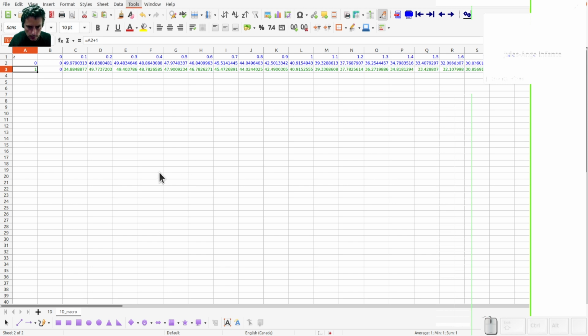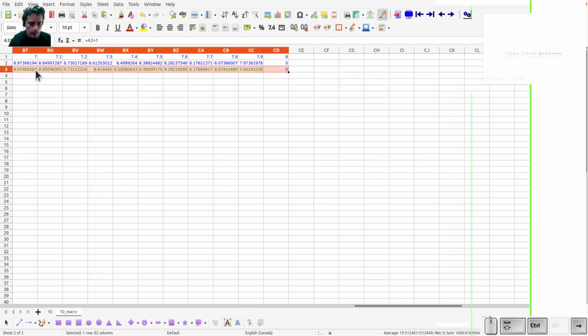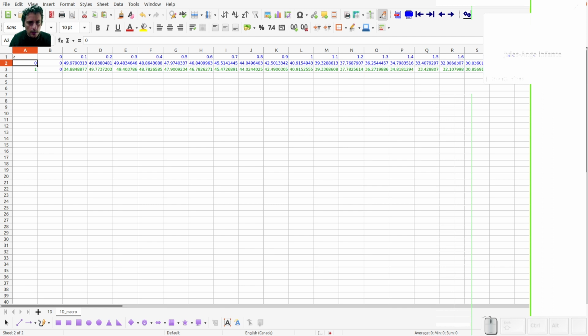Tools, macros. Okay, I need to have iteration source and iteration target. So my iteration source is this entire row, iteration src, and that single column I call it iteration tgt.